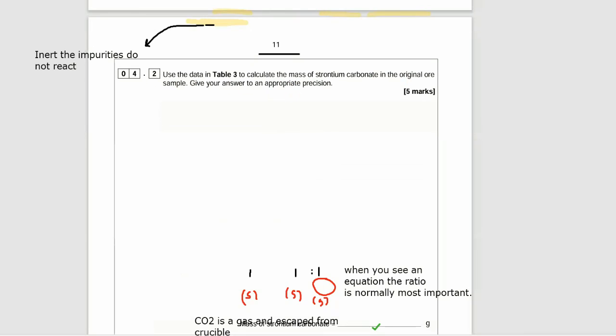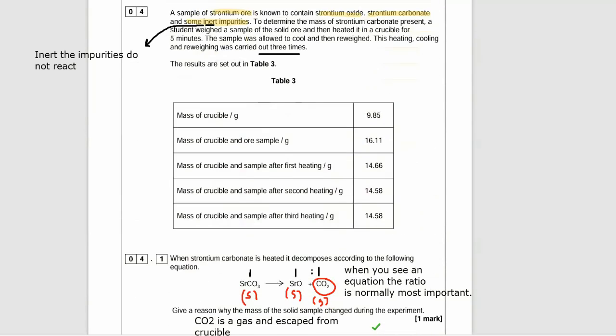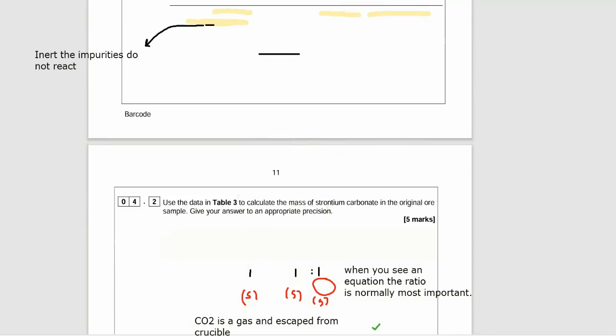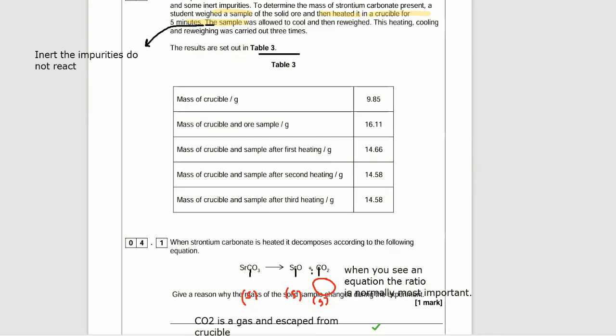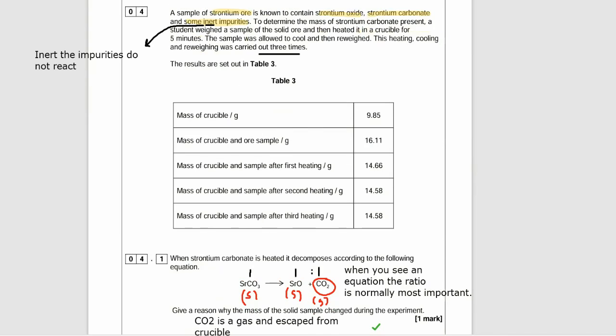4.2, use the data in the table to calculate the mass of strontium carbonate in the original ore sample. Okay, so we want to calculate how much strontium carbonate was in the original ore sample, and we want to do it to the appropriate precision. So we're going to do that up here.